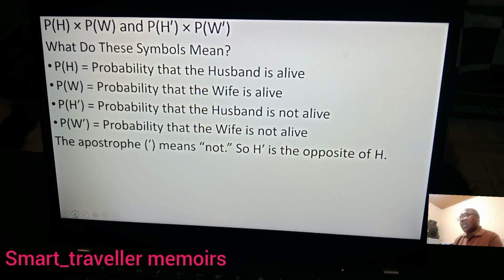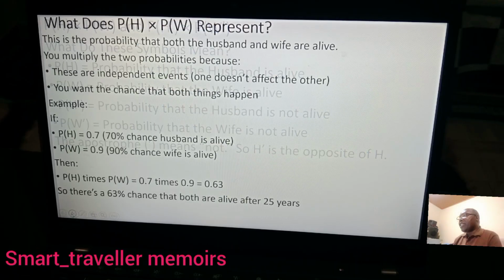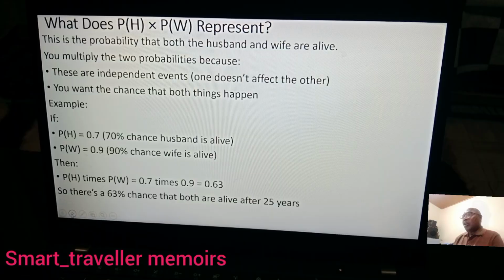PW prime is equal to probability that the wife is not alive. The apostrophe means not. So H prime, when the apostrophe is put there, is the opposite of H.